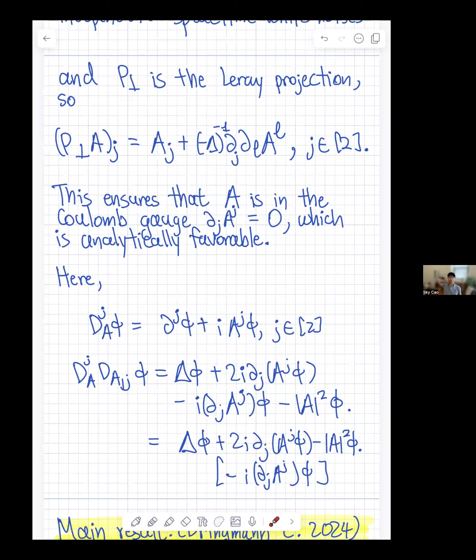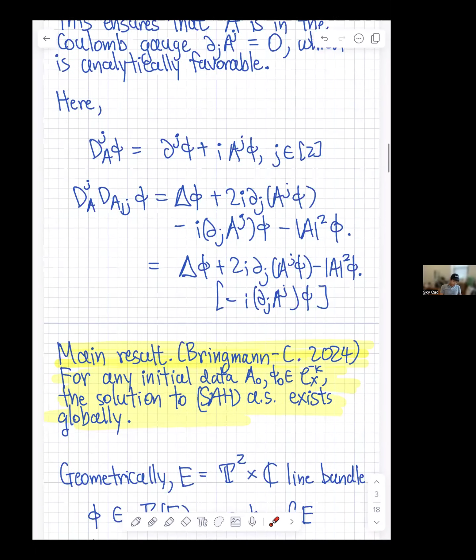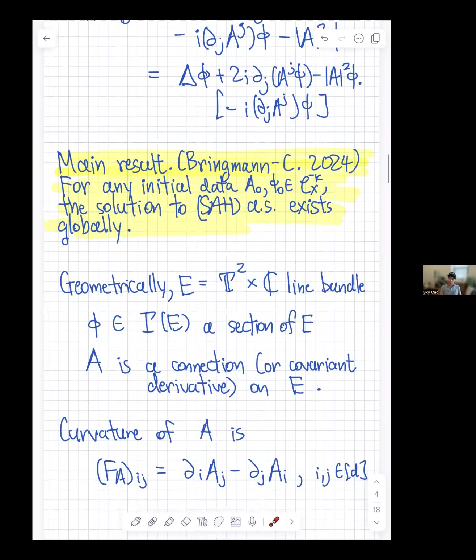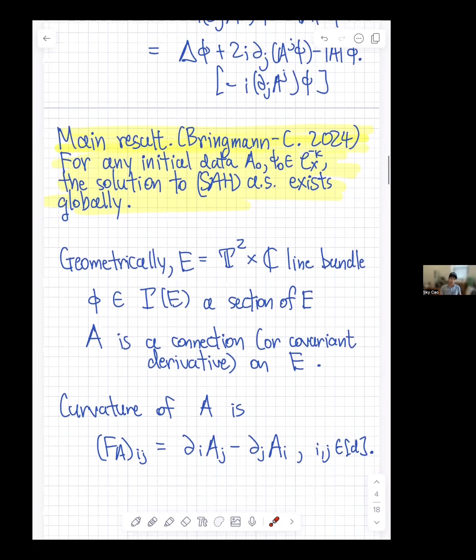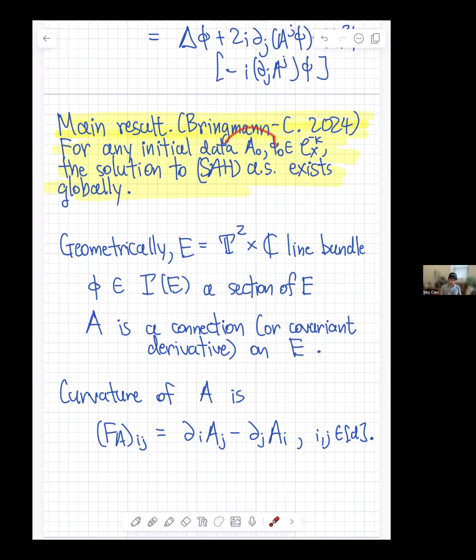So any questions on the notation so far? If not, then I will just get right into stating the main result for today, which is a soft global well-posedness statement, which says that for any initial data A0, phi 0, okay, in this polar Besov space of negative regularity, you don't really have to worry too much what it is.